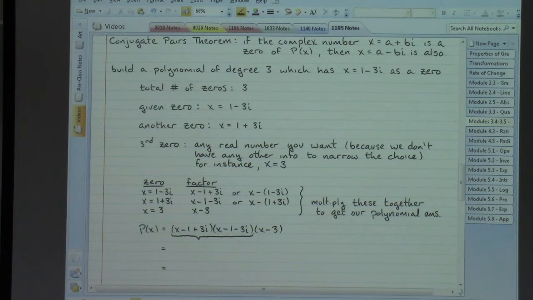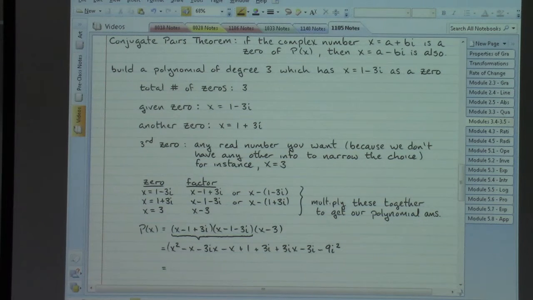So if we multiply this sucker together, that means we would have an x squared, a minus x, a minus 3ix, another minus x, a plus 1, a plus 3i, a plus 3ix, a minus 3i, and a minus 9i squared.